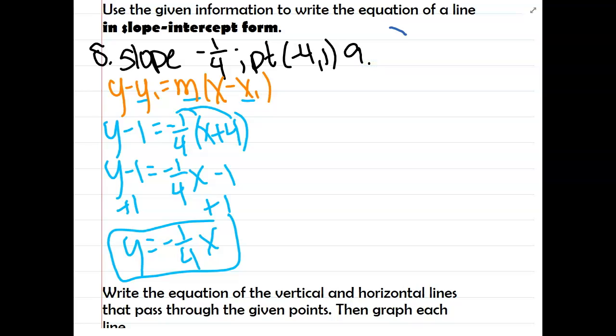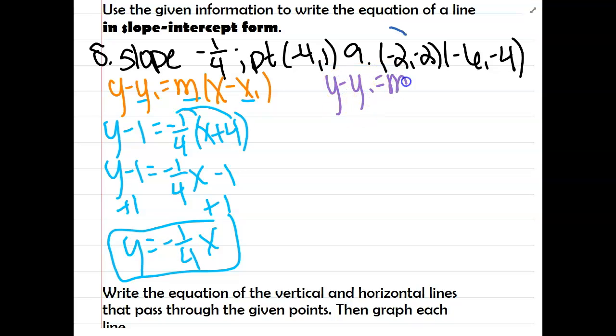Okay, then to take it one step further, if I'm just given 2 points. So I want to write the equation of the line that passes through -2, -2, and -6, -4. Now once again, unless they give you the slope and y-intercept, you're going to have to use point-slope form.